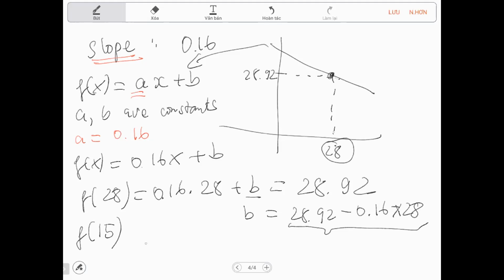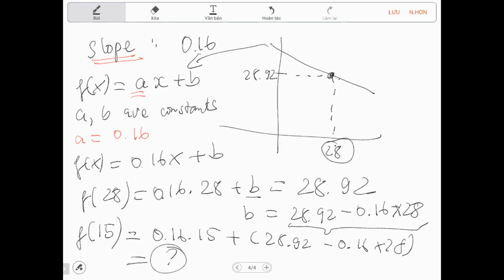So this one we just have to plug in, right? f(15) equals 0.16 times 15 plus b, and b is this amount, right? And then it is equal to whatever number you get when you plug in.